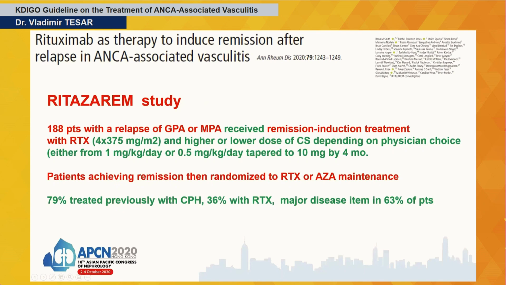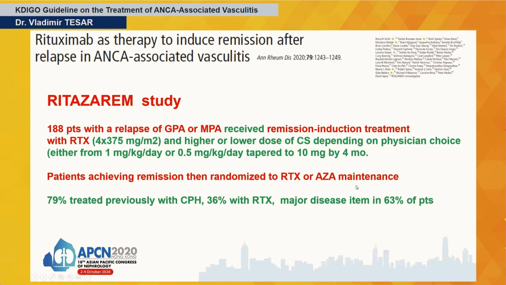Another study which showed that rituximab is really a very good induction treatment was the Tesar study, which was partly recently published. In this study, 190 patients with a relapse of GPA or MPA all received rituximab as remission induction treatment with either higher or lower dose of corticosteroids, and then were randomized to rituximab or azathioprine for maintenance. I will speak about it later.